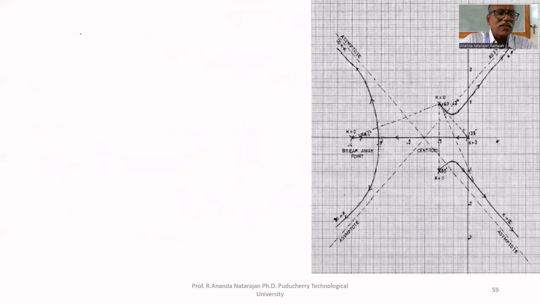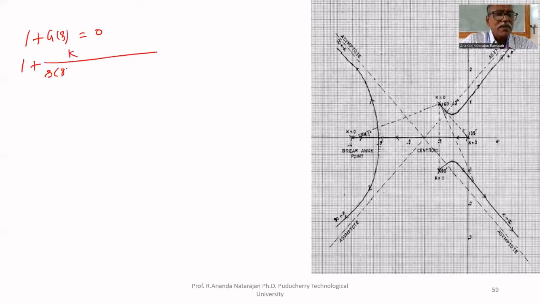For that, we have to consider the characteristic polynomial, 1 plus G(s) equals 0. That is 1 plus K upon s multiplied by (s plus 4) and (s square plus 2s plus 2).